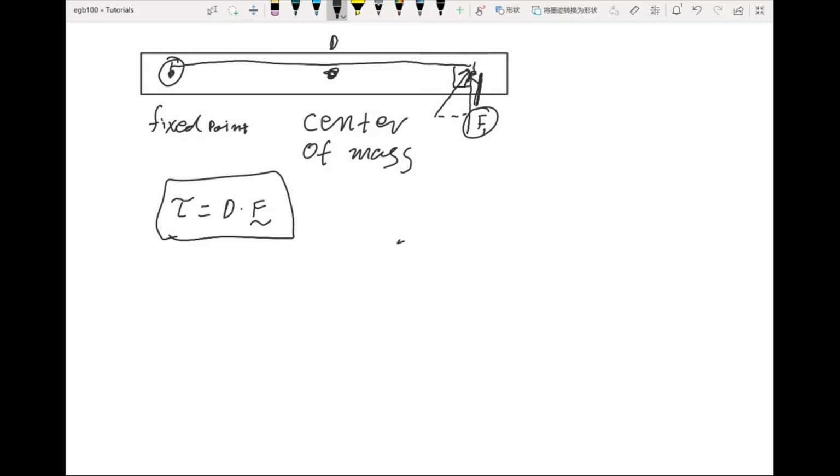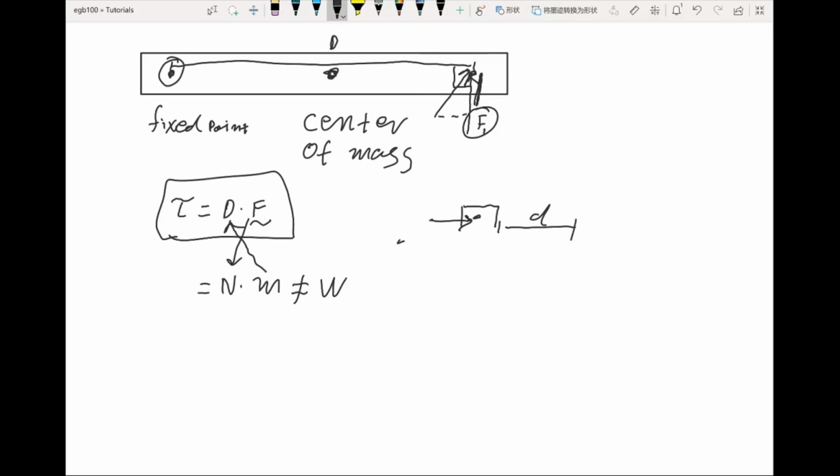Now torque has units of newtons times meters here. But don't be deceived, this is not work, like a box being moved with a force times a certain distance, d.